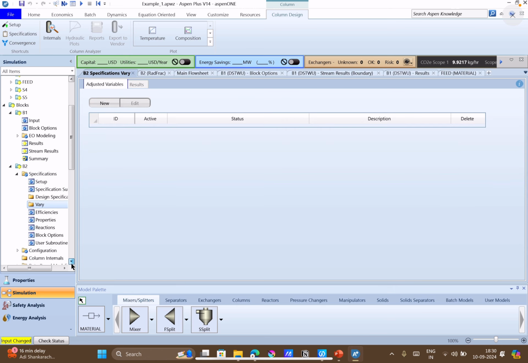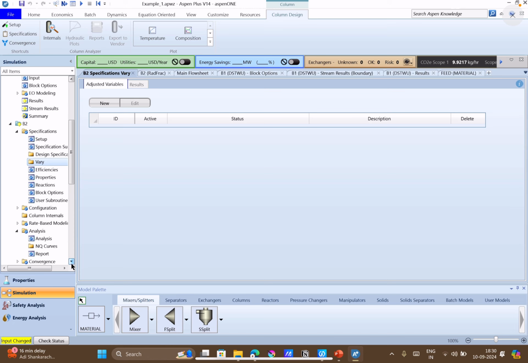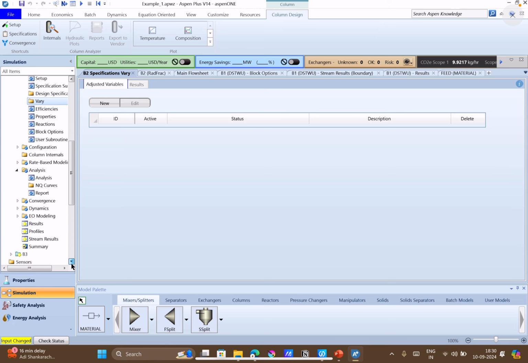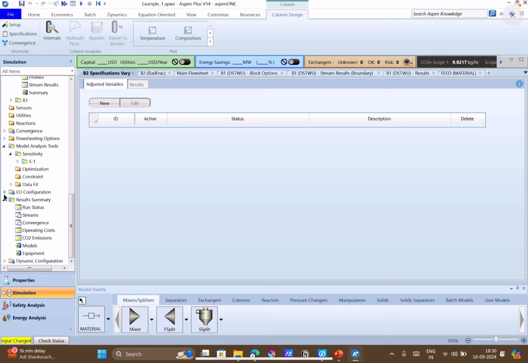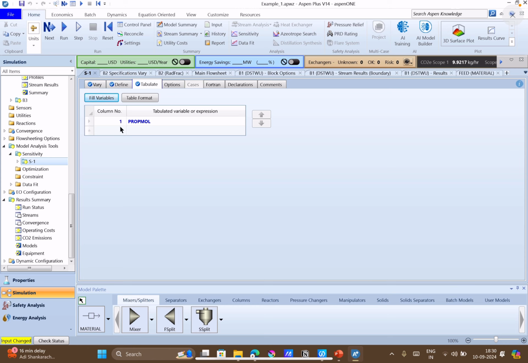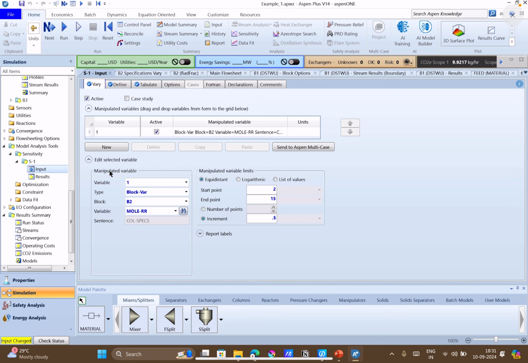So in that case we can perform a sensitivity analysis that we have done in the last week. Here you can see in the model analysis tool we have added the sensitivity S1 property, which is nothing but the change in the mole fraction of propane with the variation in the reflux ratio. We have selected the input variable, which is block variable B2.